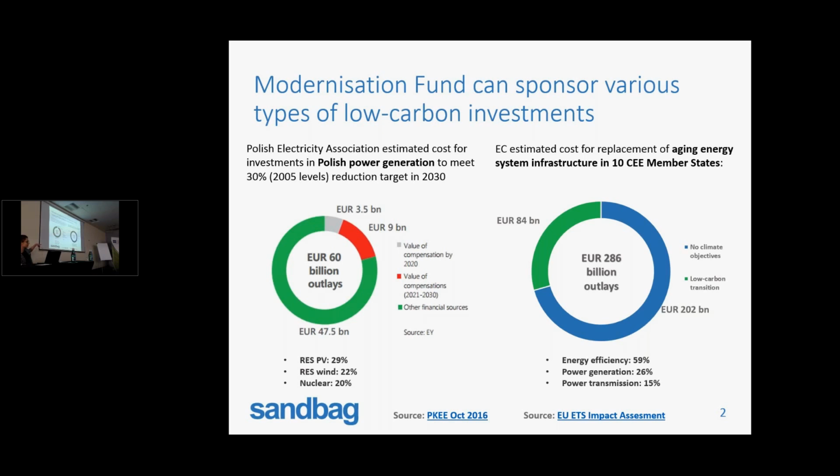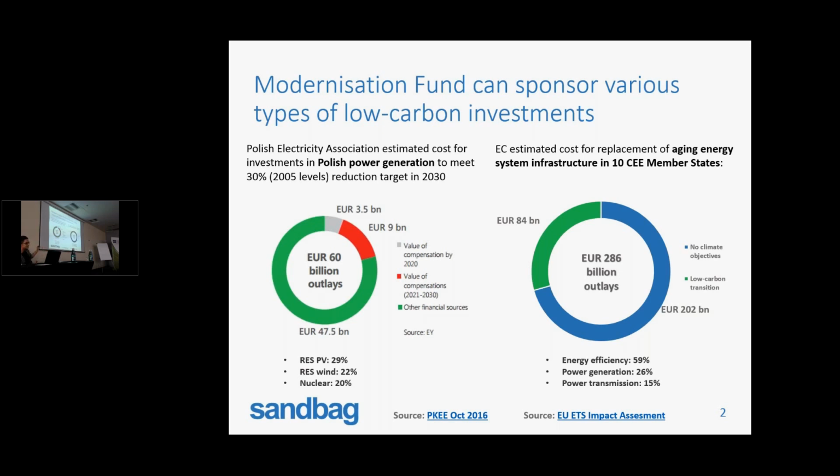The Polish Electricity Association has made this with Ernst & Young for the capex, the capital expenditure costs that they're foreseeing for the period up till 2030, and out of this 60 billion, they assume that 29 is PV, 22 wind, 20 nuclear.